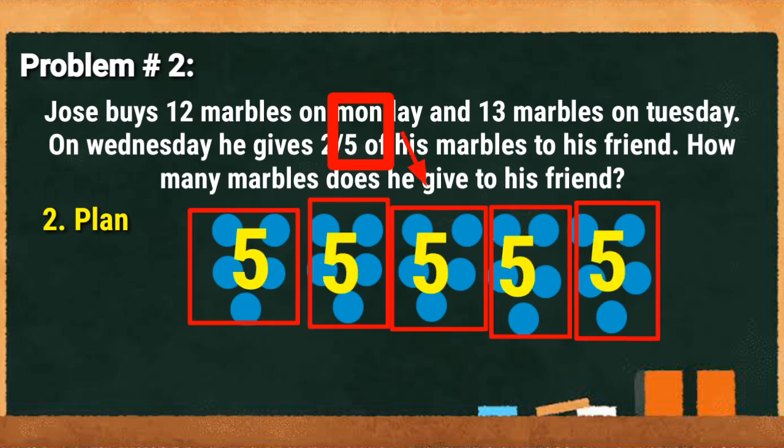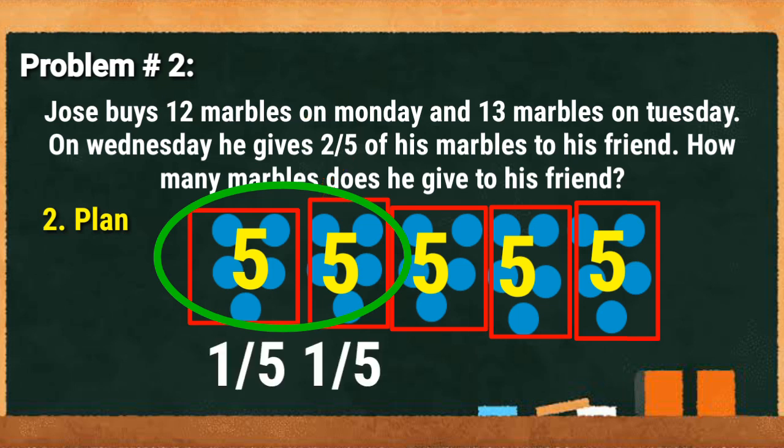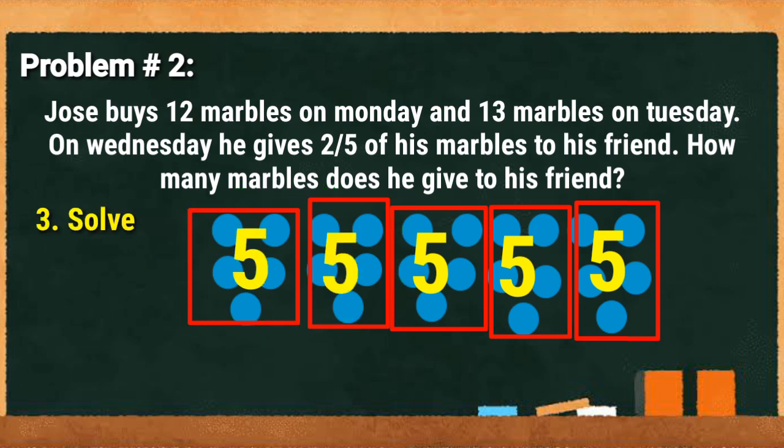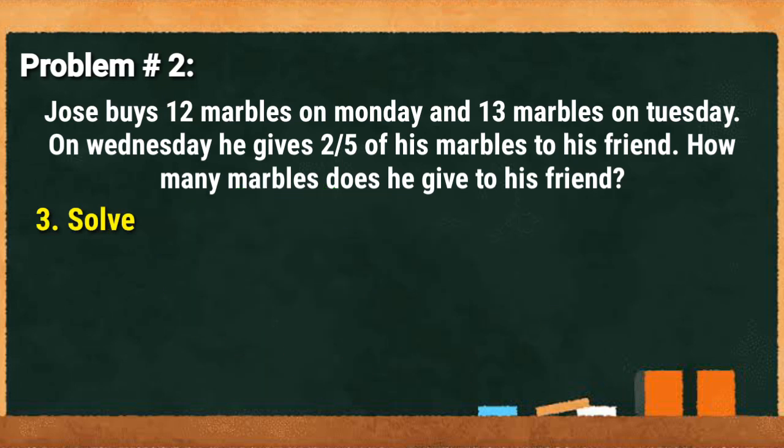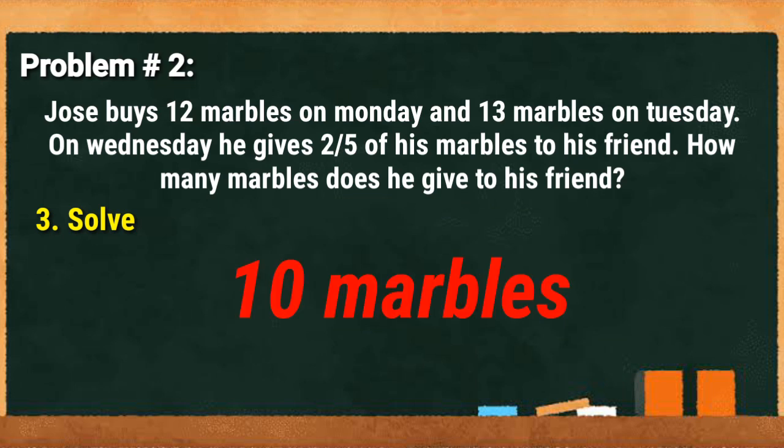There will be 5 marbles per group. So circle the 2 parts of it to show 2/5. So each group shows 1/5, or 5 marbles. So there are 2 groups of 1/5 and these show 2/5. So 5 times 2 equals 10. So there are 10 marbles.